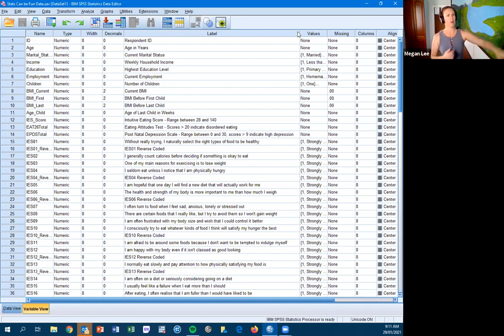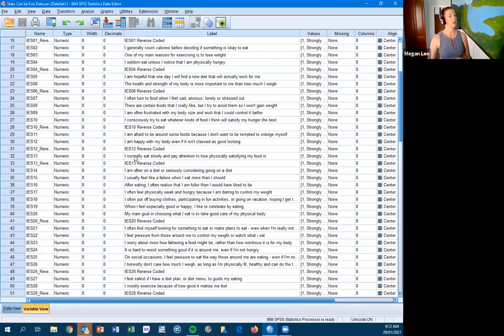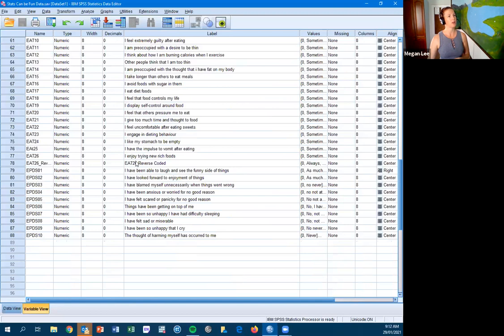And I always write it into the label so that when I'm looking at the data, I can remind myself, oh, okay, that's what this means when I'm looking at the means and the patterns in the data. Cool. So that's all we've got today. All the rest of these variables are just the questions that were asked in each of the scales.